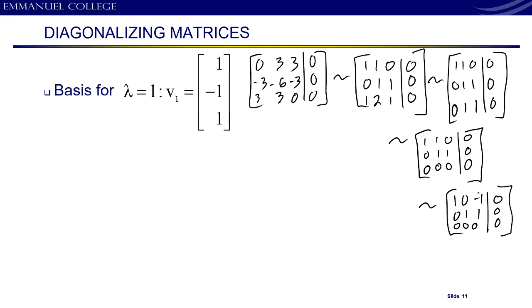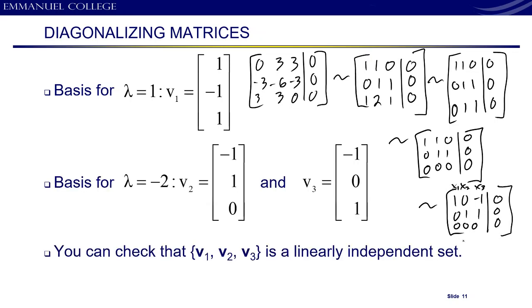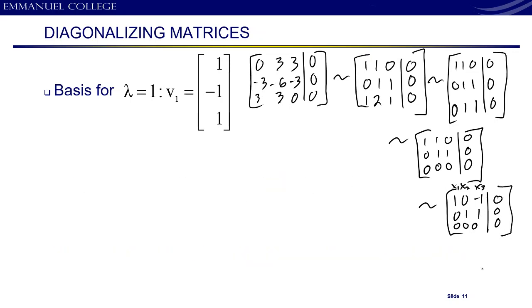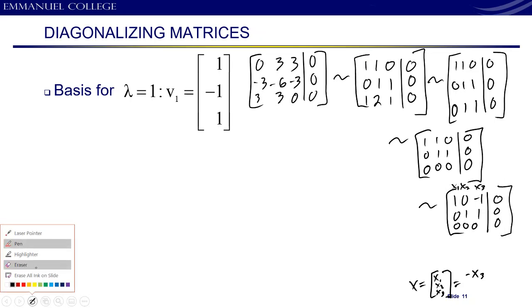Which means, remember this is x1, x2, and x3, which is your x vector. That's going to equal negative x3. Or sorry, that's going to equal positive x3.